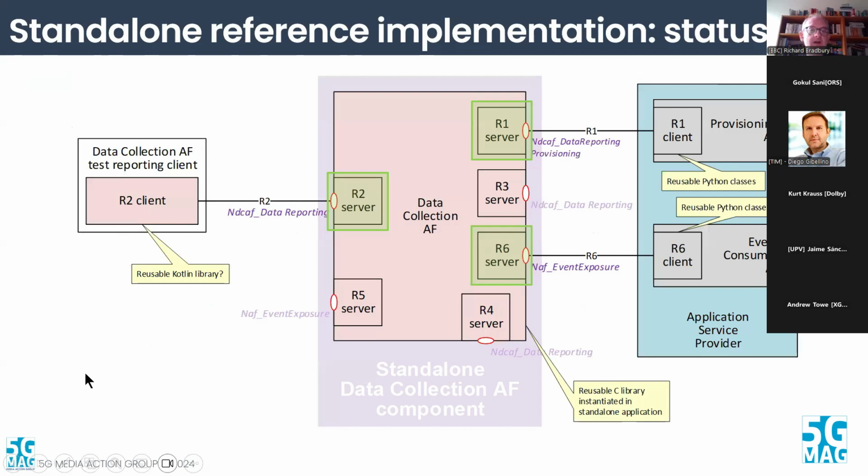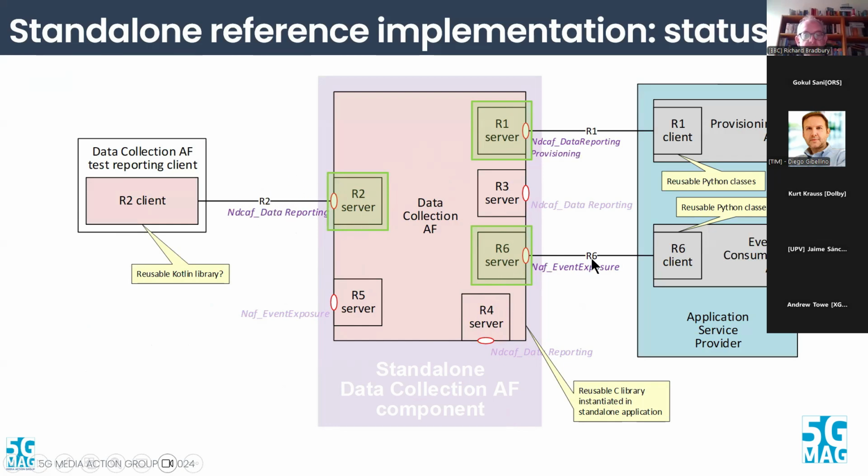So just to give you a more detailed picture of what we've actually implemented so far, we've created this standalone data collection AF component as a reusable C library that runs in an application. Then we've implemented the provisioning interface at reference point R1 here, and the data reporting interface at reference point R2.